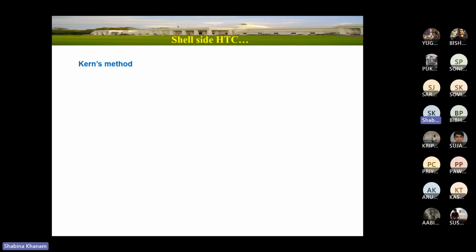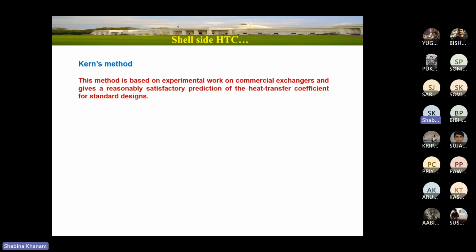You must have heard about the heat transfer book by Kern. Kern's method is given for shell side heat transfer coefficient, and it is based on experimental work on commercial exchangers, and it gives reasonably satisfactory prediction of the heat transfer coefficient and pressure drop for standard designs.